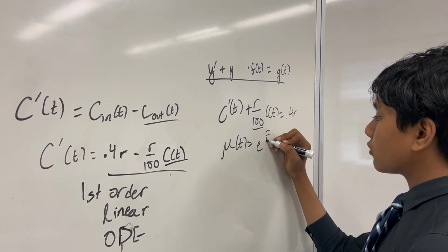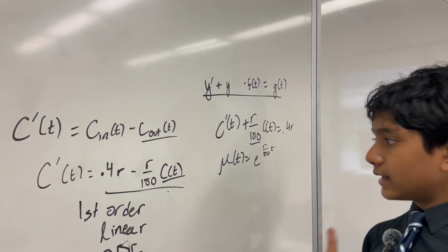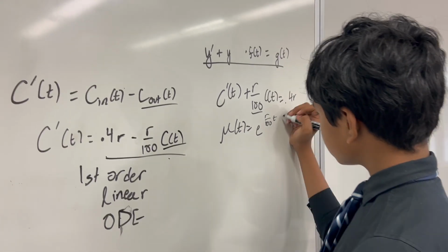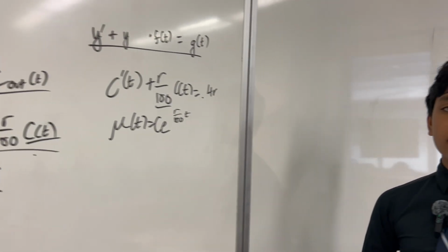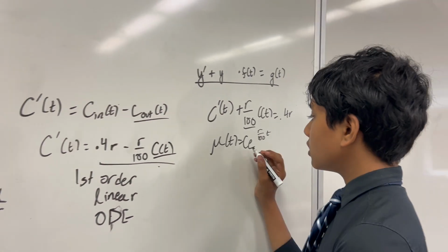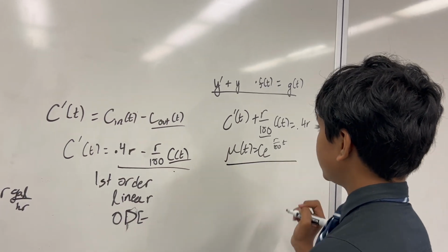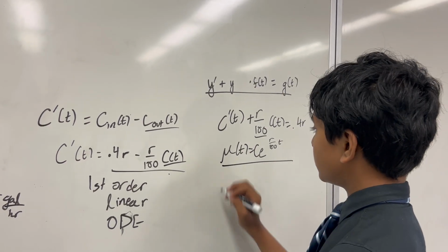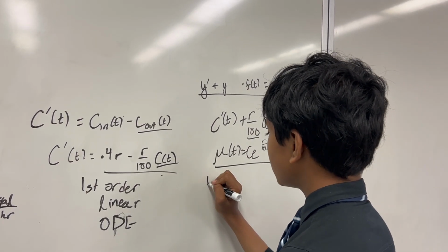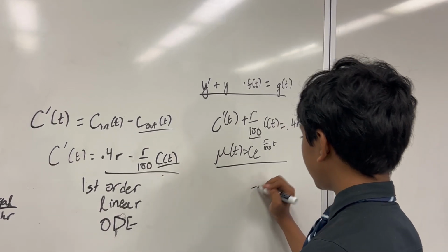It's going to be e to the r over 100 times t. And now here's the good part. We have to take into consideration this constant that comes from the integration. You'll find more details from last time when we talked about the integrating factor. So then we multiply both sides by this.